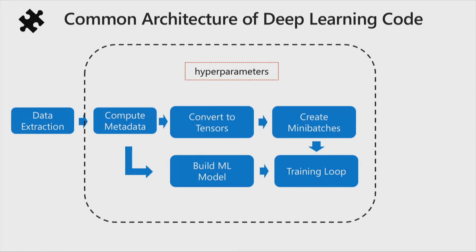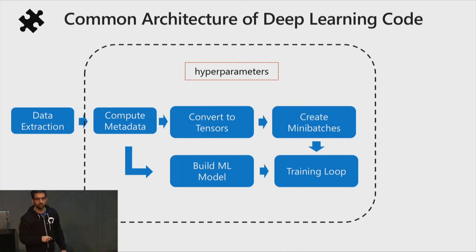Once you have all your data in tensors, and you can do this on the fly, it doesn't matter when you do it, you can batch those tensors into small groups, into mini batches. How you do it is usually a separate problem. In most cases, you just have an extra dimension, which is your batch size, and you concatenate these tensors. Then you get your mini batches, and you pass them into your machine learning model.